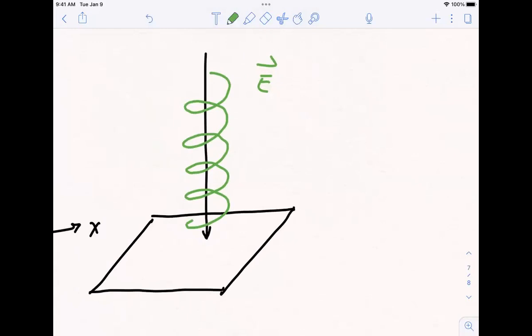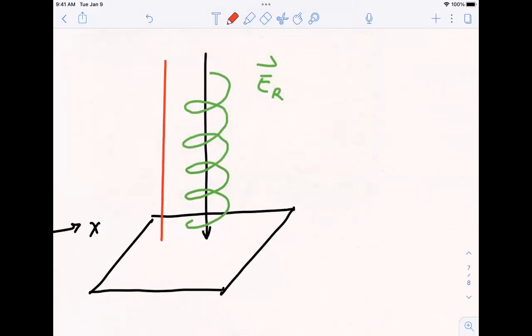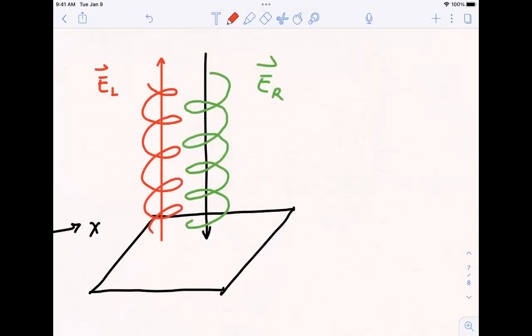I don't know which is right-handed or left-handed, but anyway, say this is right-handed, and then you're going to get something like this. And then it will be left-handed, so then it will be something like this.